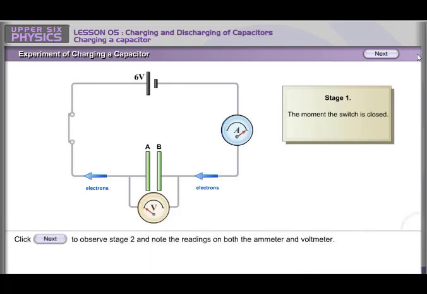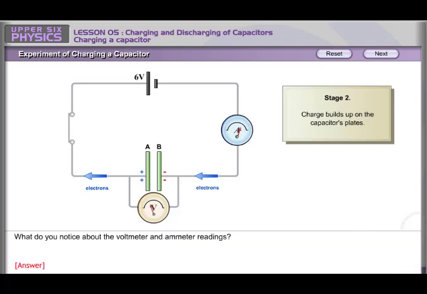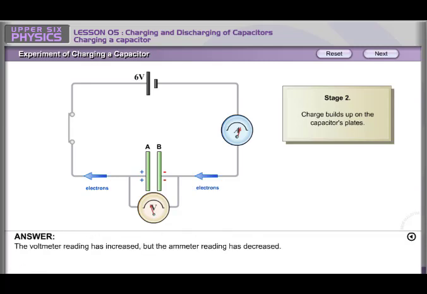Click the Next button to observe Stage 2 and note the readings on both the ammeter and voltmeter. What do you notice about the voltmeter and ammeter readings? Answer. The voltmeter reading has increased, but the ammeter reading has decreased.